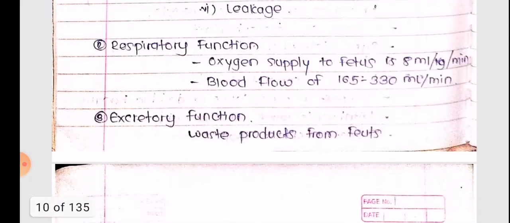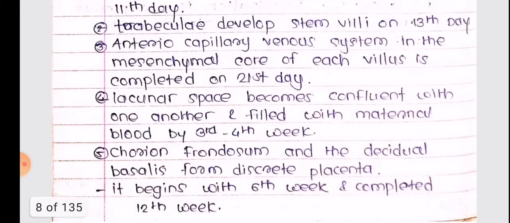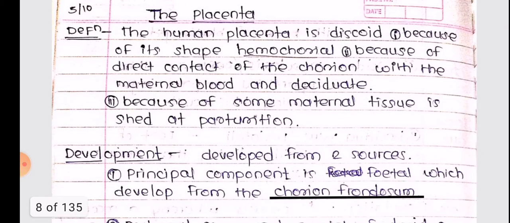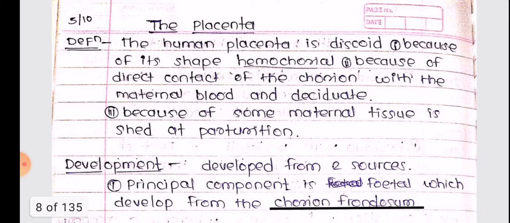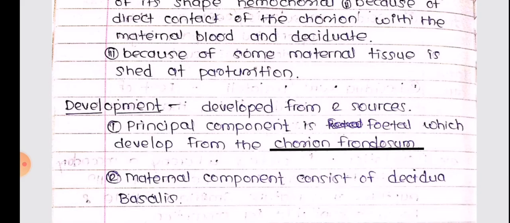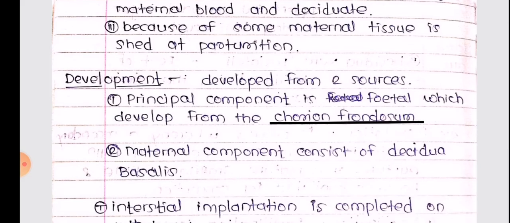So this was, guys, placenta in a nutshell, some important points which you need to remember for placenta. Now let us recap. We started with definition, wherein we saw that the human placenta is discoid, hemochorial, and deciduate. Then we saw the developmental points of placenta.